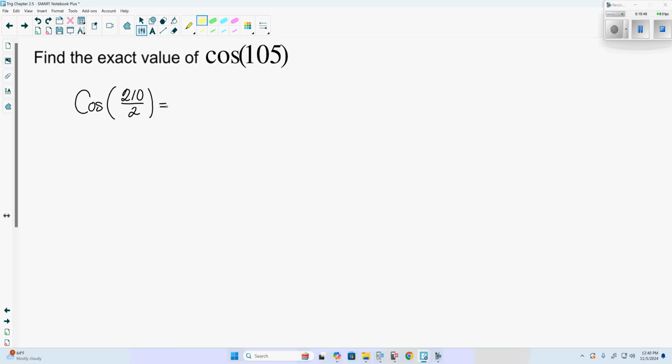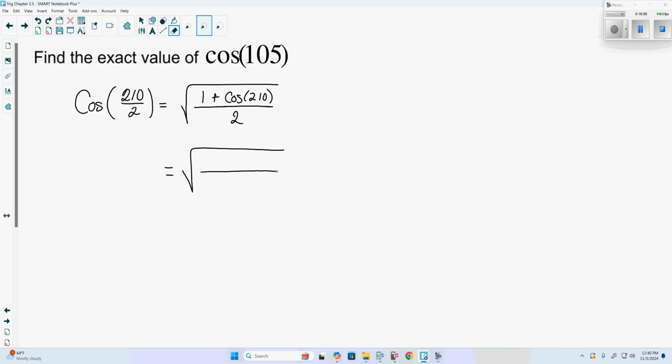And for our cosine half angle formula, it's equal to plus or minus the square root of 1 plus cosine of our angle, which would be 210, over 2. And at this point, we already found out what cosine of 210 degrees is. We had it on the last one. It's negative square root 3 over 2.